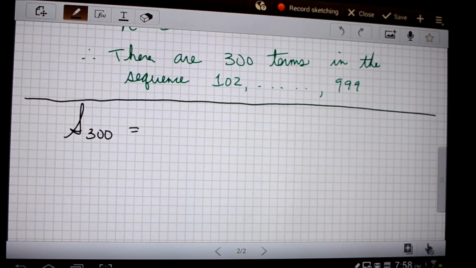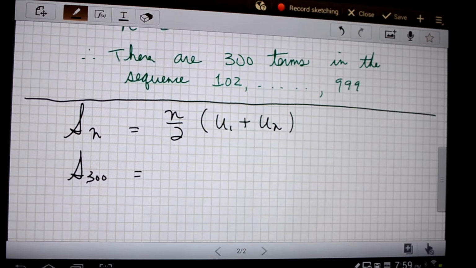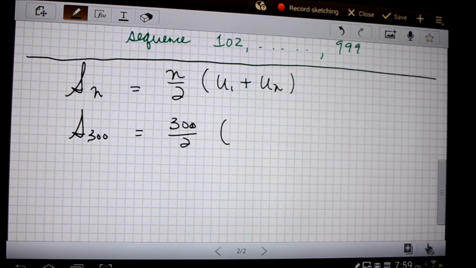Let me write the formula first. So the sum of the first 300 terms is 300 divided by 2 times U1, which is 102, plus our nth term, our last term, that's 999.